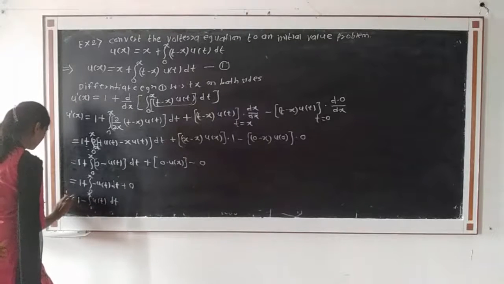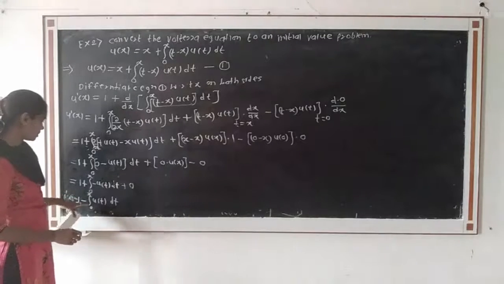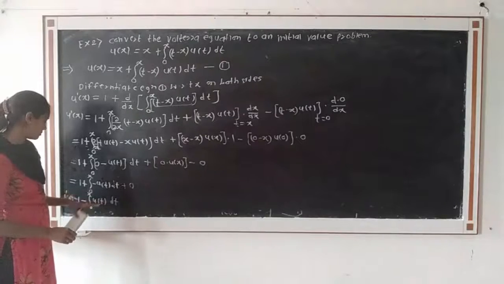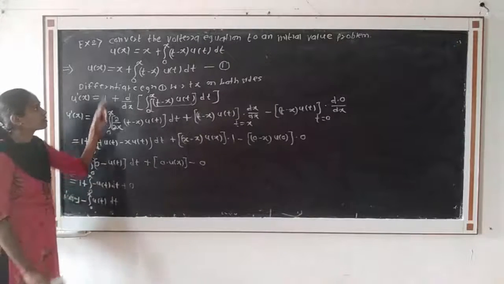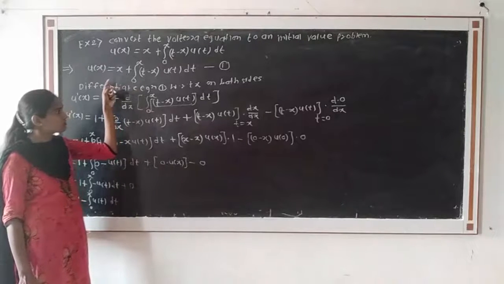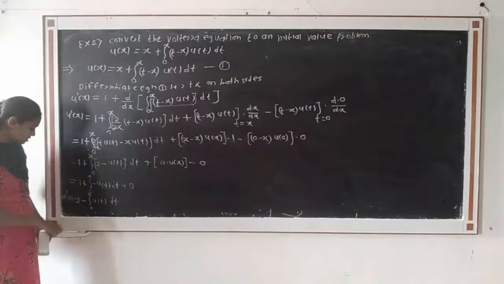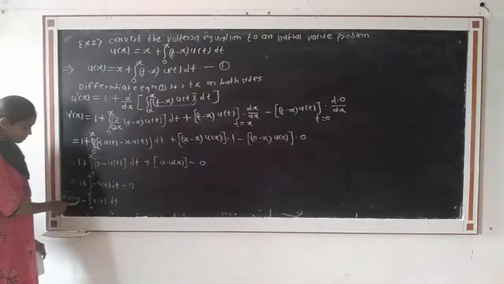In the LHS, u dash of x is equal to 1 minus integration from 0 to x of u of t dt. Here, if we differentiate the given Volterra equation once with respect to x, we get the Volterra integro differential equation.